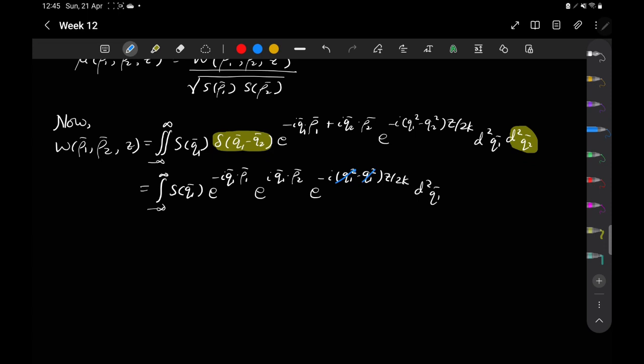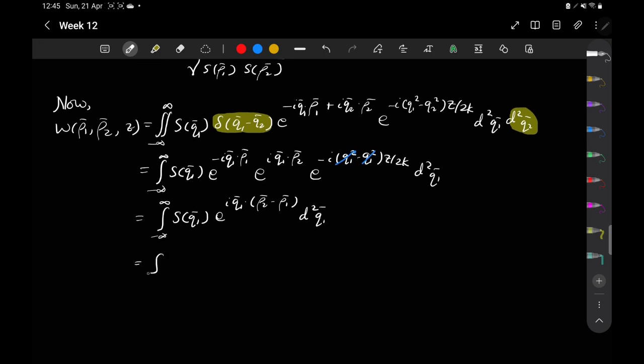So this cancels out. And that's because delta rho we have taken as rho2 minus rho1.